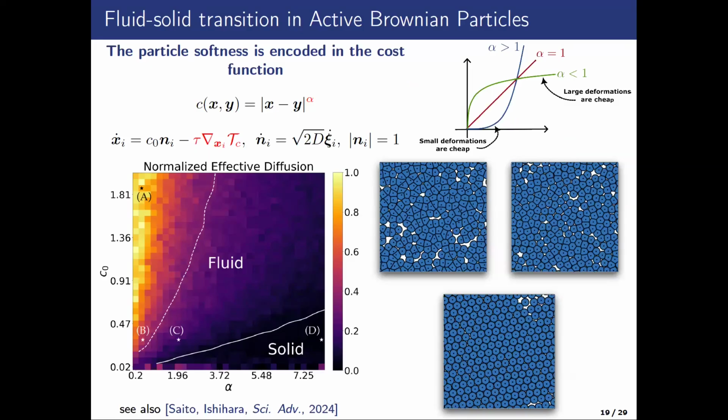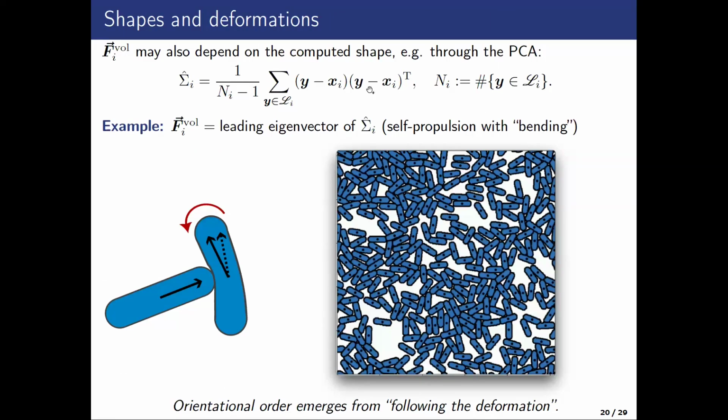But if I move away from just the Euclidean distance to some power, I can find a cost such that the level set of that cost will have any shape I want. So a typical shape would be this spherocylinder, which is the shape of some bacteria. And this shape has another parameter, which is the elongation direction, the principal eigenvector.